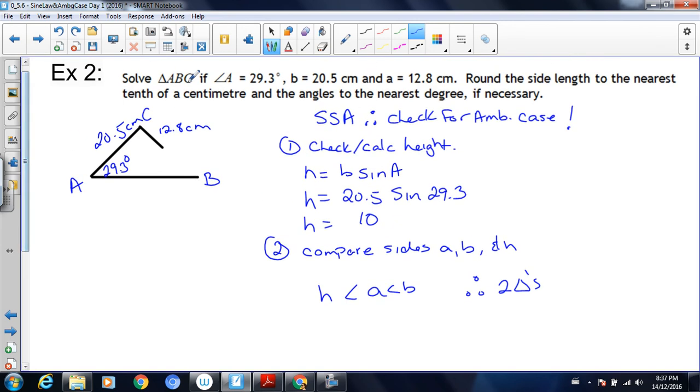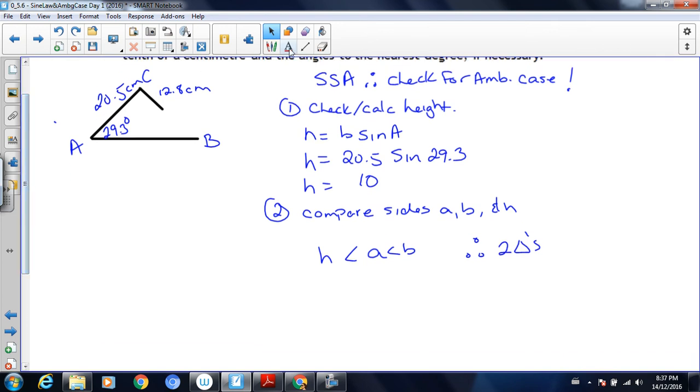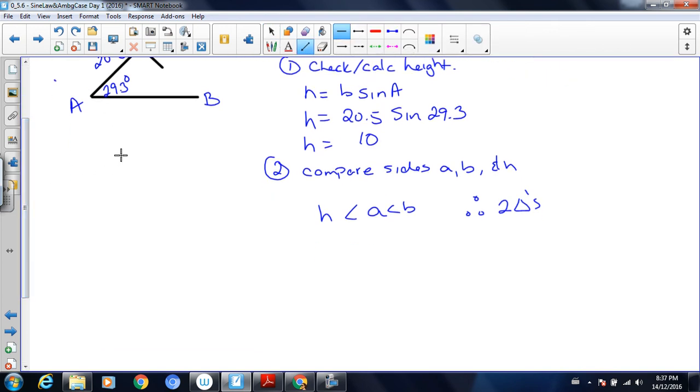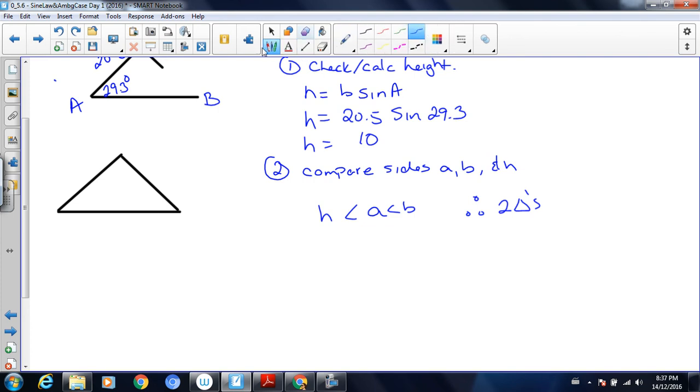Because it's saying solve, that means I must find every missing piece of information in this triangle. So now I can go ahead and draw two triangles. I have one triangle that is my acute triangle. This is 29.3 degrees.